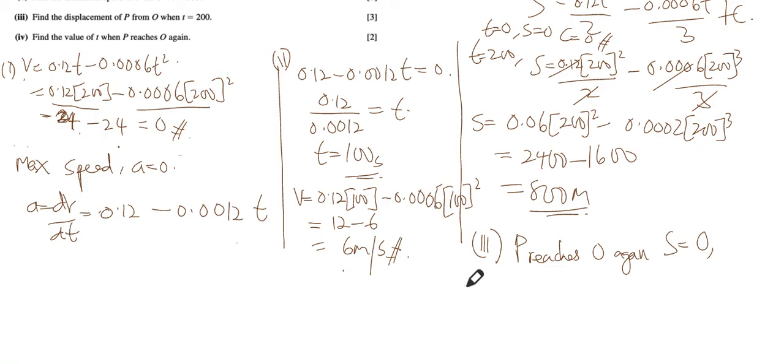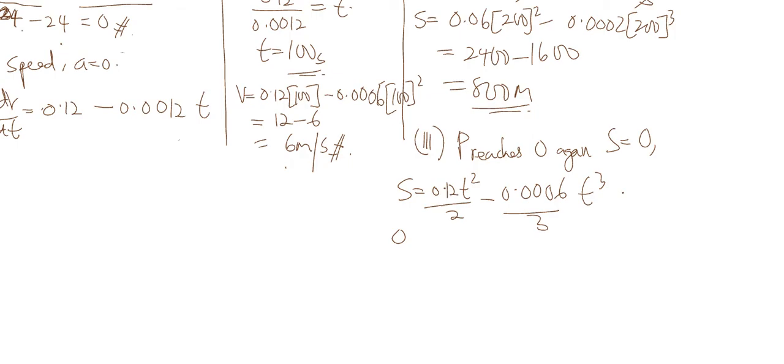So what do we have for S? S equals 0.12t²/2 minus 0.0006/3 t³, and this is 0, because it goes back.